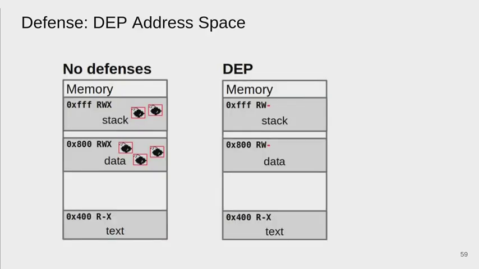Without defenses, the attacker could inject or control any kind of data on the stack or on the heap that could be abused in a control flow hijacking attack. With data execution prevention, we are introducing an additional bit allowing us to distinguish between code and data in the address space, and only code can be executed by the CPU.